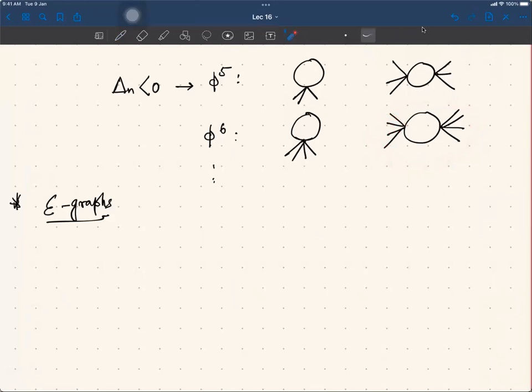Typically, it is possible in some cases to add a loop without adding a vertex, but if you have to add a loop like this with some other lines, then that will increase the number of vertices as well. So the way to construct E graphs is to add more loops on top of the existing P graphs.